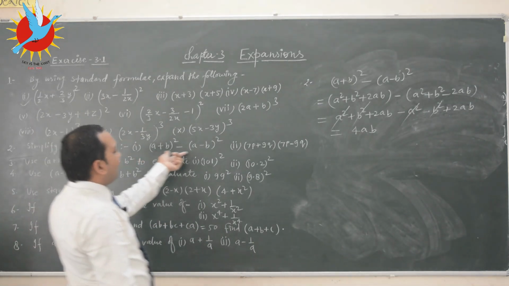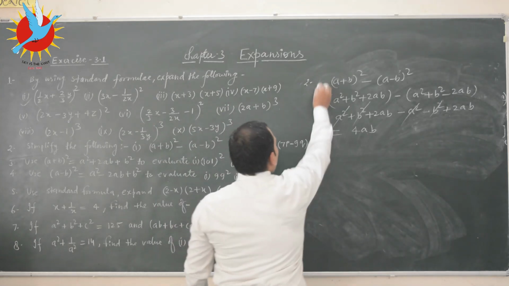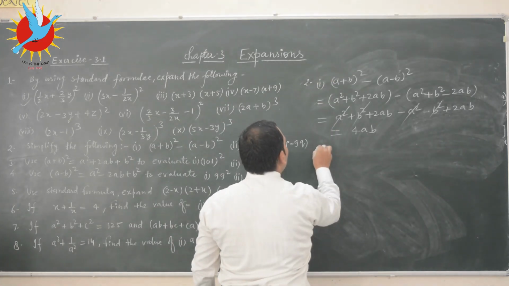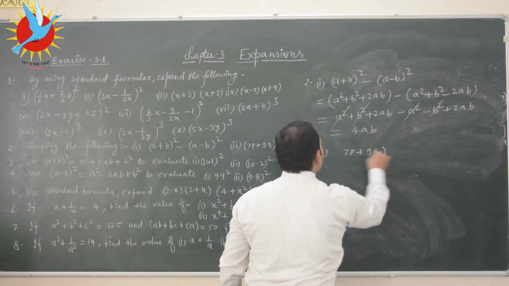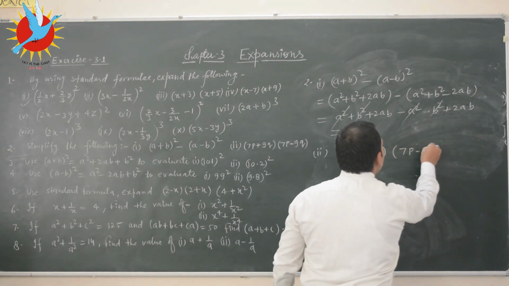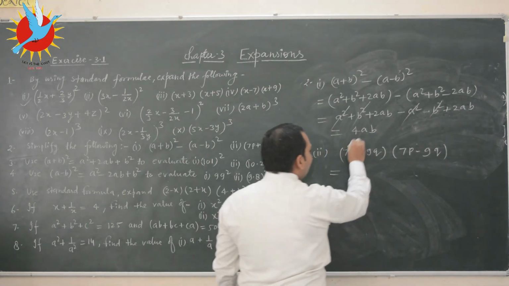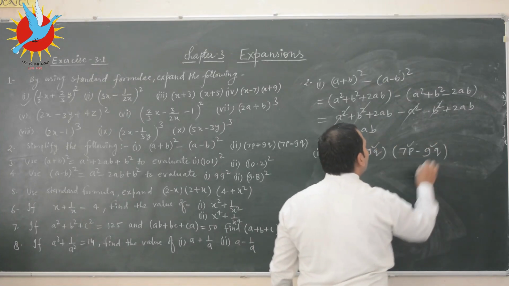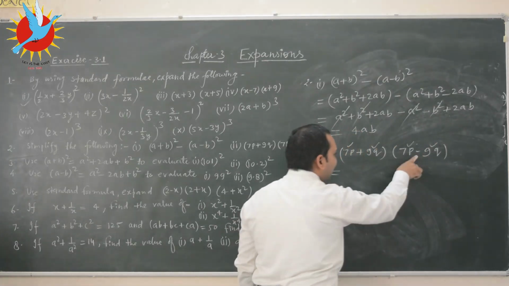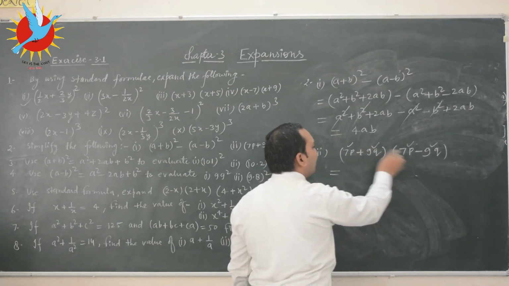So we can evaluate this also. 7p plus 9q. Second one, 7p plus 9q and 7p minus 9q. So the value is: first term same, second term same, but the sign is different, plus here and minus there.